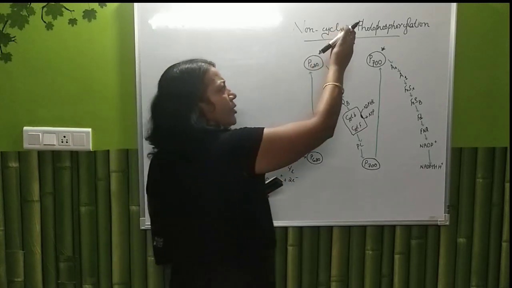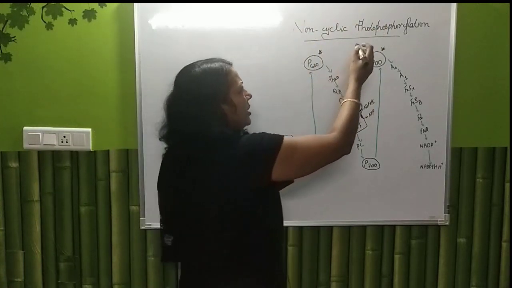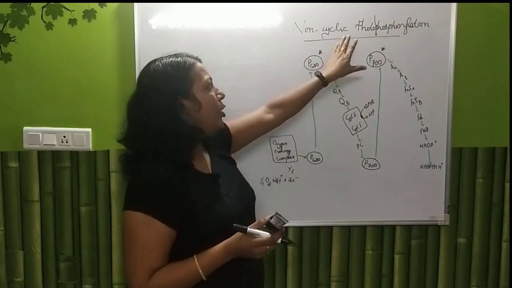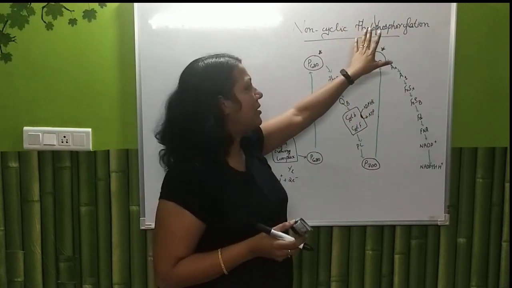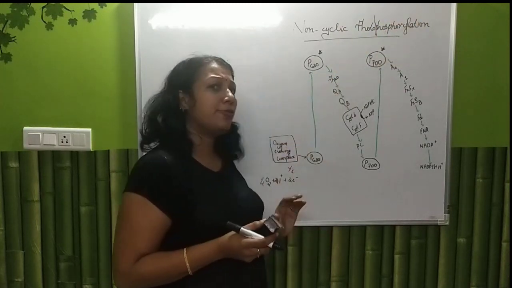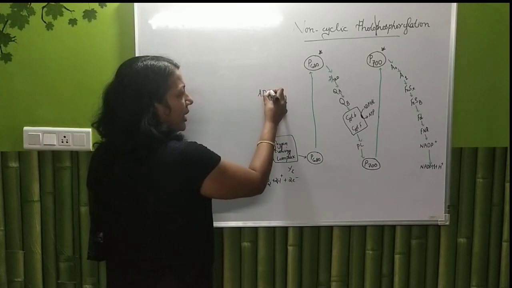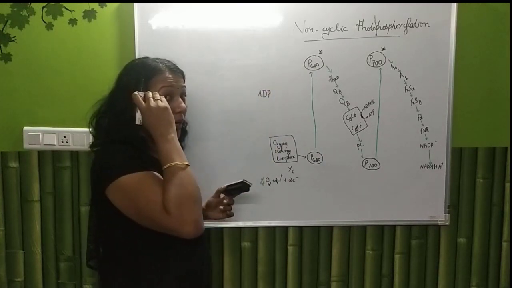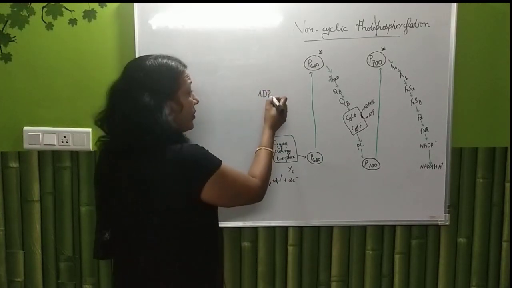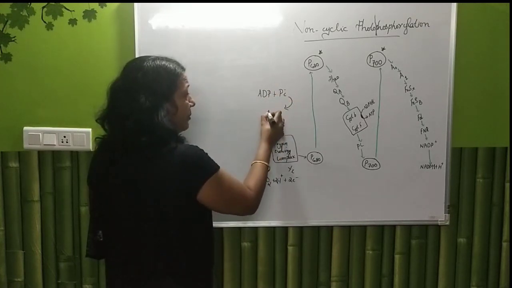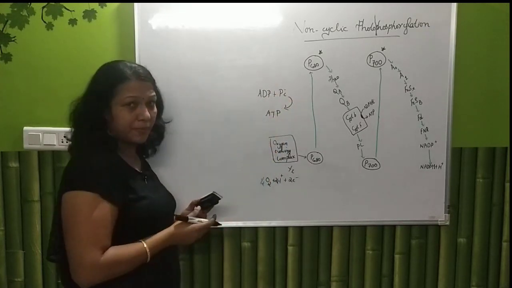Now, what is photophosphorylation? Again, split and see. If you make a cut here, you can see photo. Photo means light. Phosphorylation means the formation of ATP. From where will ATP be formed? ADP, adenosine diphosphate, plus inorganic phosphate will give you ATP, adenosine triphosphate.